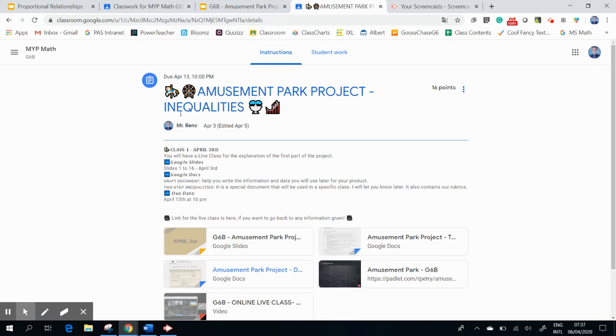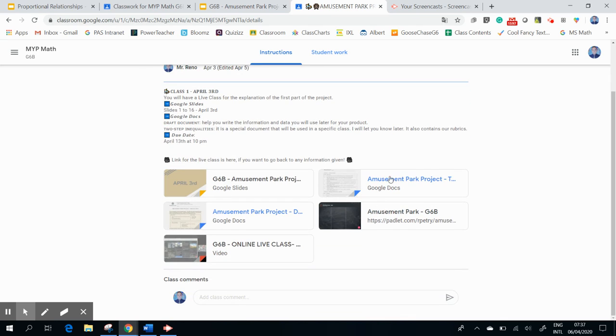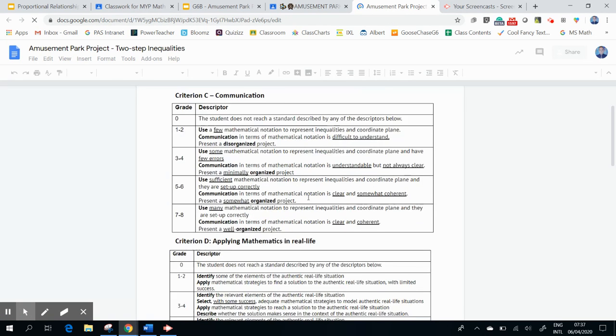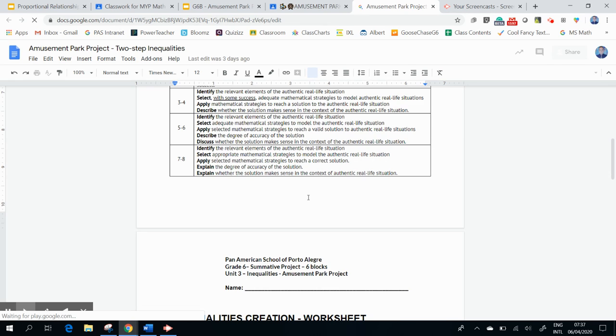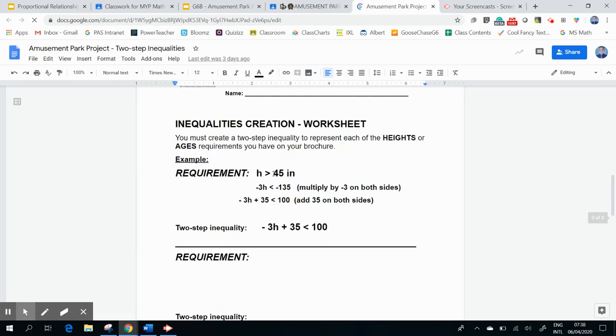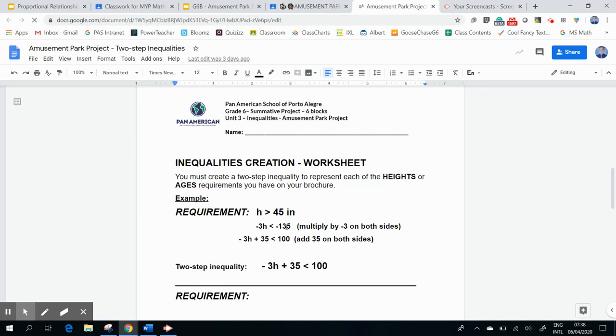So if you go to this original post, you have the document here, Amusement Park Two-Step Inequalities. Each of you has your own document, and you have to complete this document here. Okay?